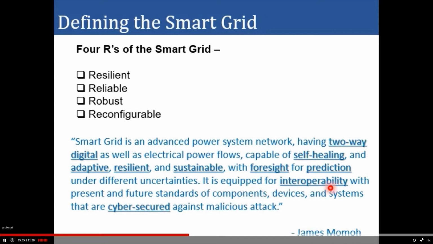It is equipped for interoperability, which means the data is interoperable so that the information can be shared seamlessly across the network. It should be cyber secured because the moment we touch the IT and communication network, there is a risk of cyber attack. So the system should be cyber secure.